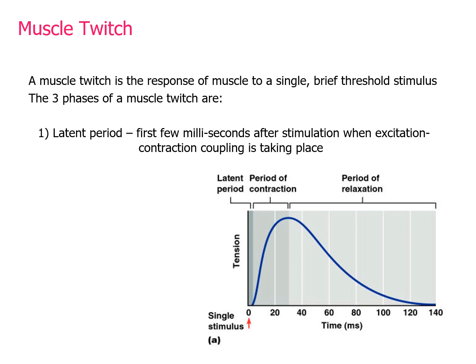The smallest stimulus possible, a single brief stimulus that generates the smallest contraction, that contraction is called a muscle twitch. So you use the smallest stimulus possible to get a contraction in the muscle, and that is the muscle twitch.